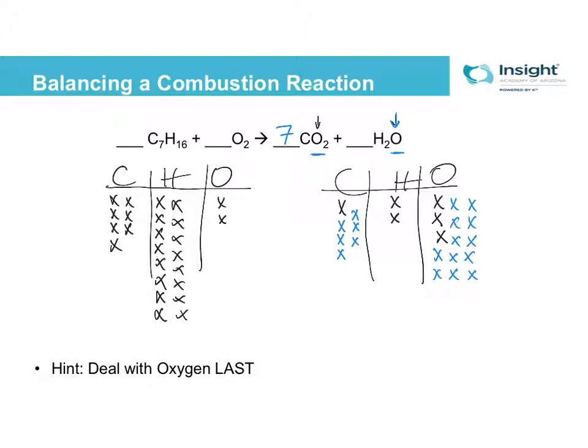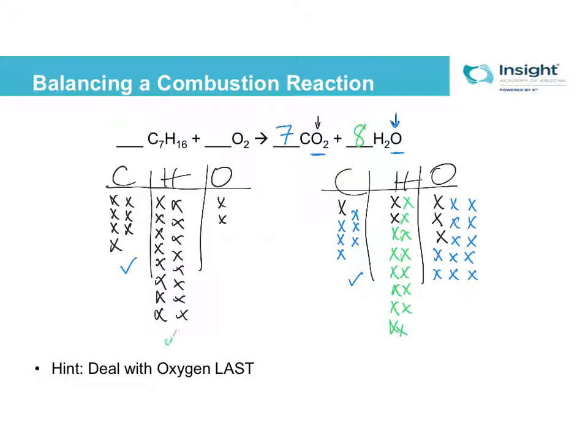All right. So, carbon fixed. Next, I'm going to fix my hydrogens. I've got 16 on this side, and I've got 2 on the other side. If I put an 8 out here, that will get me up to 16. All right.